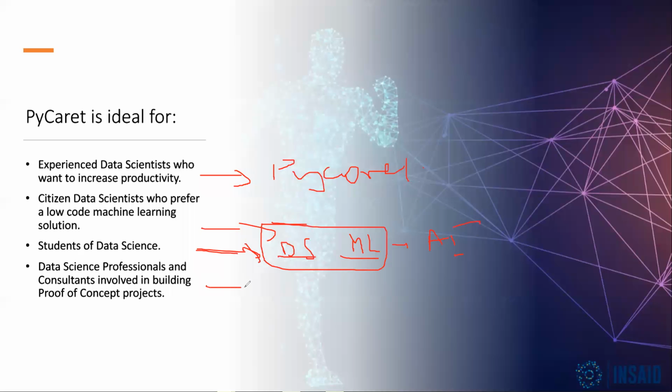And lastly, the data science professionals and the consultants. One benefit I see here is, as I said, the founder Moiz Ali, right? Moiz Ali is a data analytics leader. He works for some corporation in Canada, and by profession he's a chartered accountant.